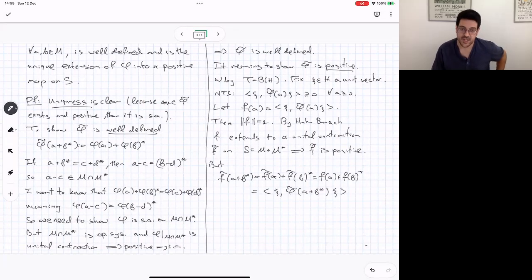So the extension has to be the extension in some sense. I mean, right, we extended something small and it coincides with what it has to be in some sense.